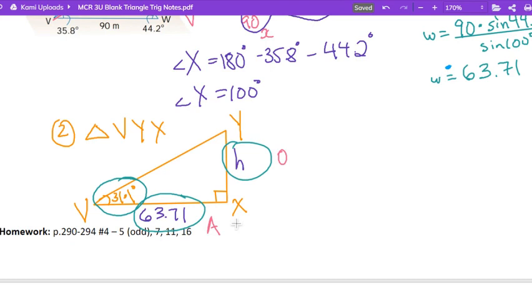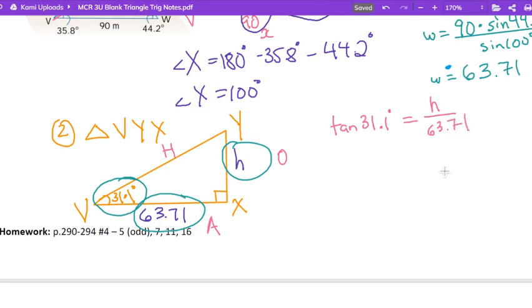This is the adjacent. And I don't need to use hypotenuse. And this means I'm going to use which ratio? Yep. And I can use a ratio because I've got a 90-degree angle. So I have tan of 31.1 degrees is going to be opposite over 63.71.